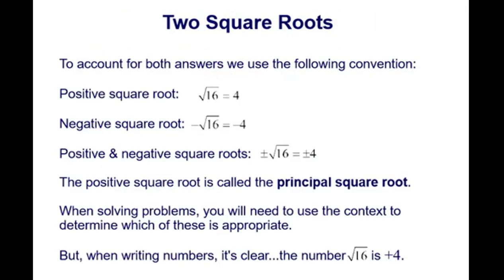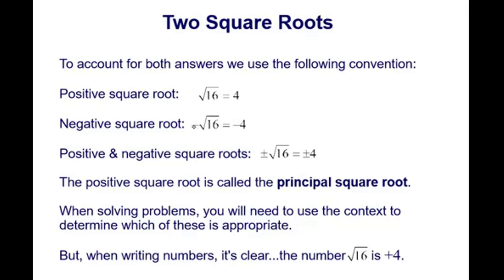To account for both possible answers, we will use the following convention. The positive square root will just be the radical symbol with nothing on the outside of it. So for example, when we say radical 16, the square root of 16, we're referring to the positive root, so that would be 4. If we want the negative square root, we are going to put a negative sign outside of the radical symbol.